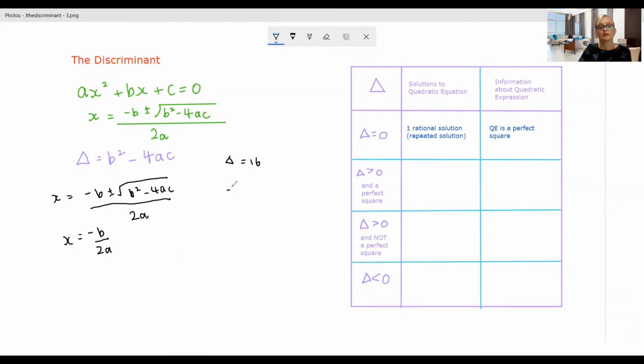So when we do our negative b plus or minus square root 16 on our 2a, because 16 is a perfect square, we're able to replace that by a rational number, aren't we? So what's going to happen in that situation is that you're going to get two answers that will both be rational. No surds will be required if this number under the square root happens to be a perfect square. All right, let's pop that in our table.